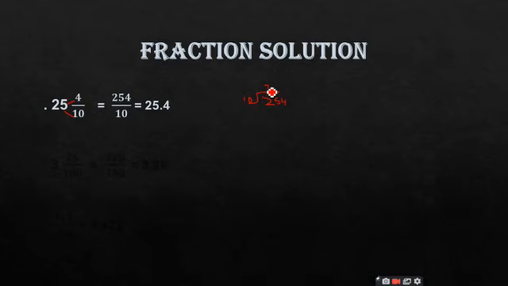So 10 2s are 20. When we subtract, 5 minus 0 is 5, and 2 minus 2 is 0. Then we write down 4. 10 5s are 50. 4 minus 0 is 4. 5 minus 5 is 0.